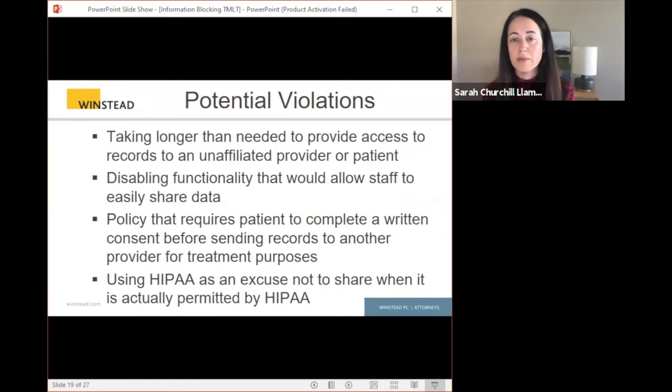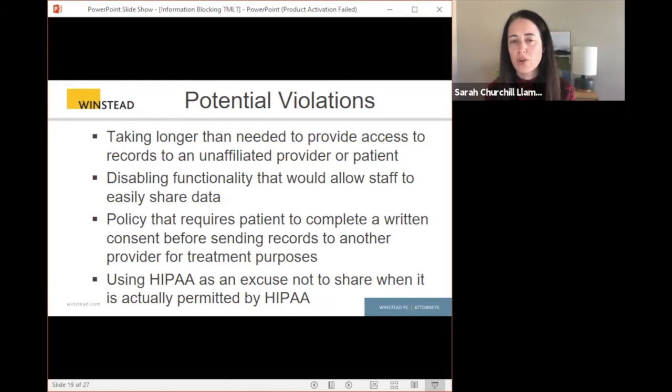Under HIPAA you're probably used to saying, I'm going to try to respond within 30 days. But that could actually be considered data blocking, and they address this in their FAQs: providers taking longer than they need to and sitting on requests when they have the technology, the capability, and processes in place to make these determinations and share the records in a timely basis. So there's not any set time. It is more about whether you are holding things up when you don't really need to.